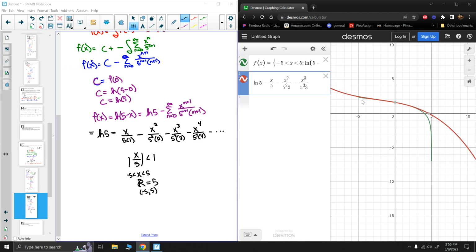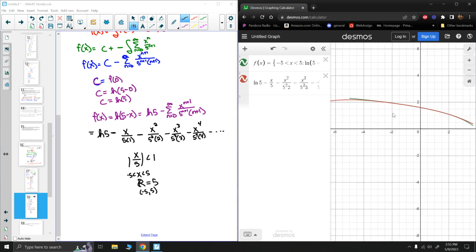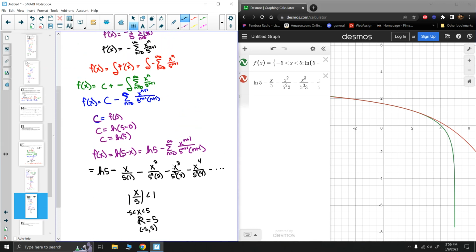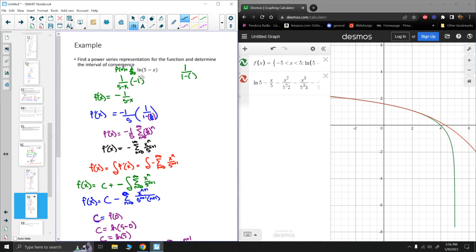But we can at least see that it is definitely following this general curve. So that checks out. 5 to the 4th, I'm just doing one more. Okay, so again, I could believe that that is true. All right, so that is again our power series for ln of 5 minus x.